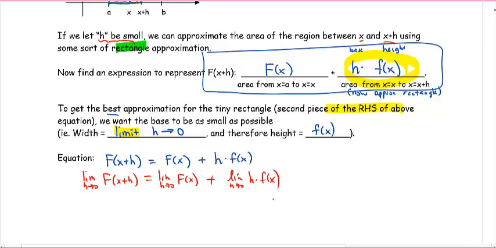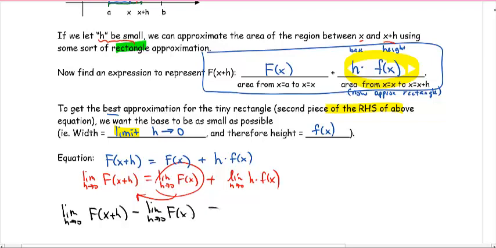Our next step now is to try to isolate. I want to isolate little f of x. So I'm going to take this and move it to the left-hand side. And if I do that, I'll get the limit as h approaches 0 of capital F of x plus h, minus the limit as h approaches 0 of capital F of x. And I'm left here with the limit as h approaches 0 of h times f of x. Okay?